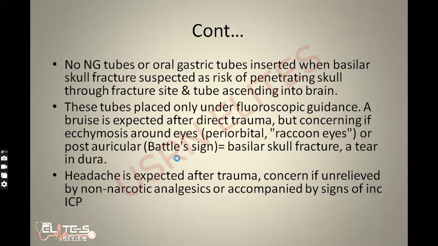It is one of the key signs of basal skull fracture. And the other one is ecchymosis, or bruising around the periorbital area, or periorbital ecchymosis or bleed. And the term for that one too is called raccoon eyes.